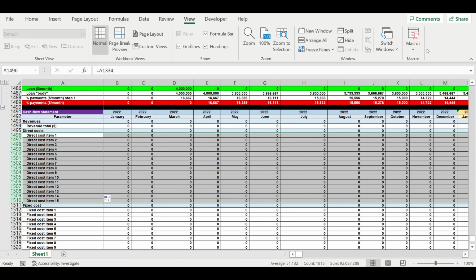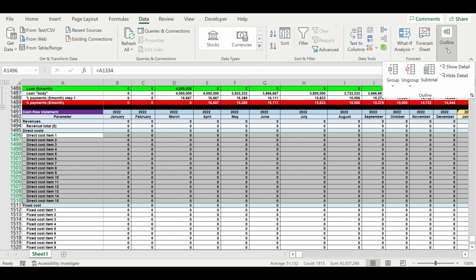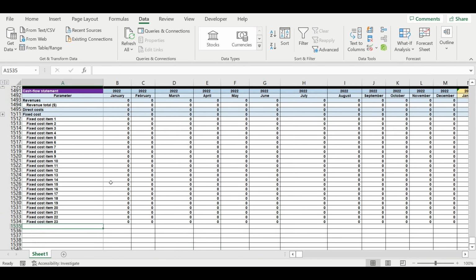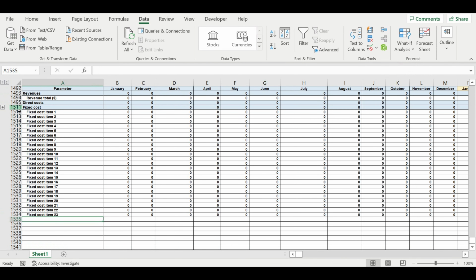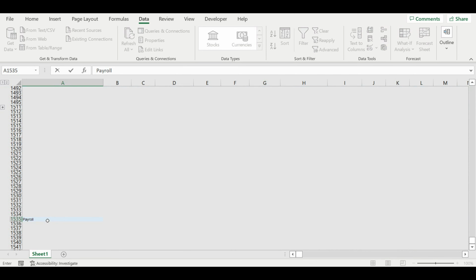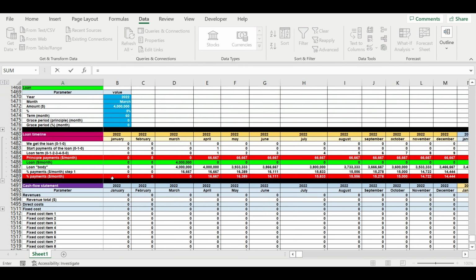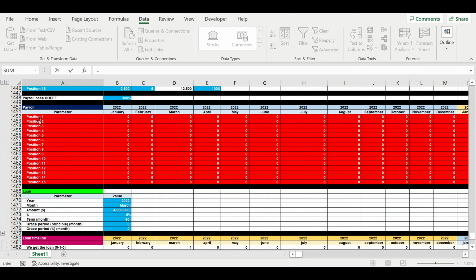In View, we can group data, group fixed costs, then we will add a payroll. Here it is.